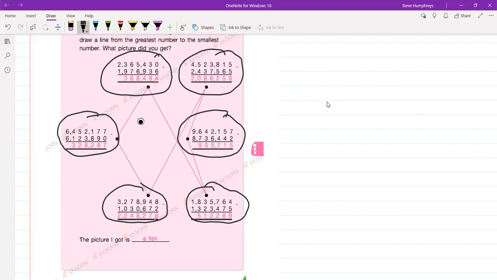Which is the greatest number? Where should we start? Okay, greatest number is this one. You'll start there. Then you'll go up here, here, and down to here, and up to there.